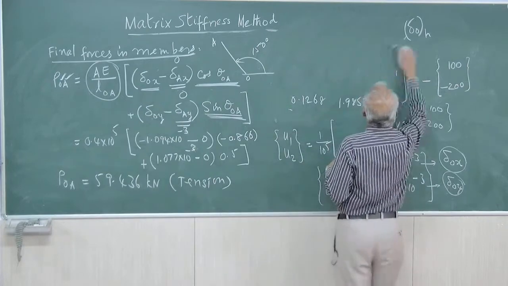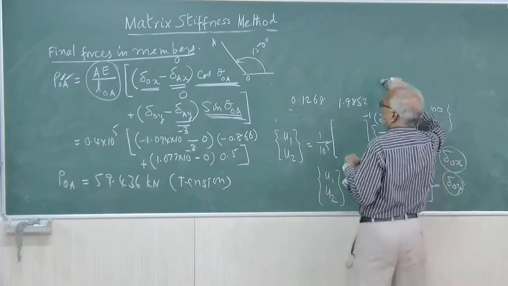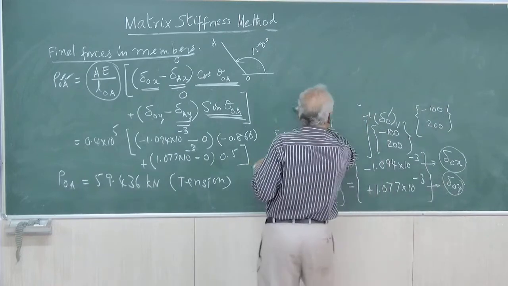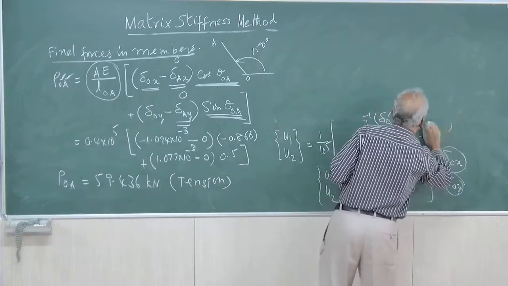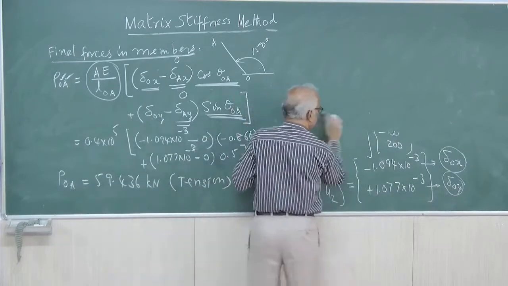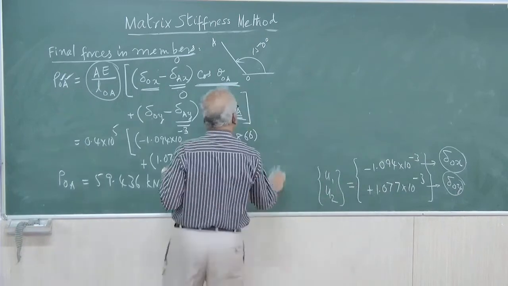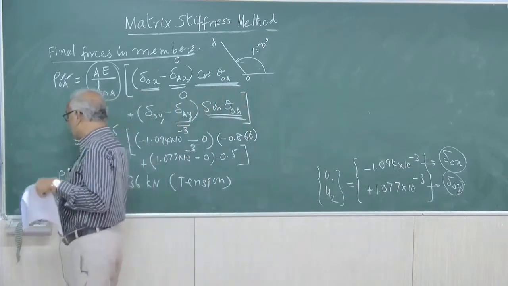I will give only one more formula, other calculations I will skip. For the benefit of the viewers, I will give one more formula, how to write the formula for different members, to make it easier.